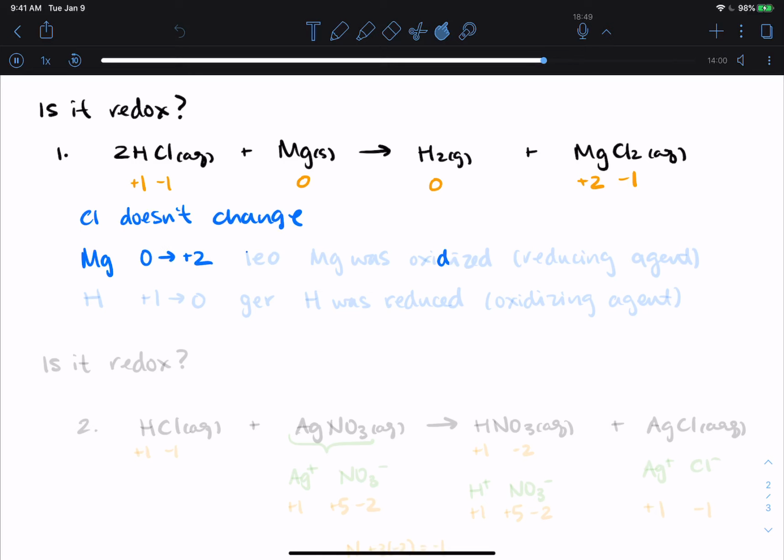So it lost electrons. So it was oxidized. So magnesium was oxidized, which means it was the reducing agent.